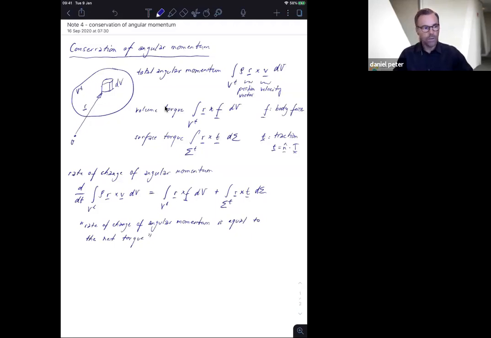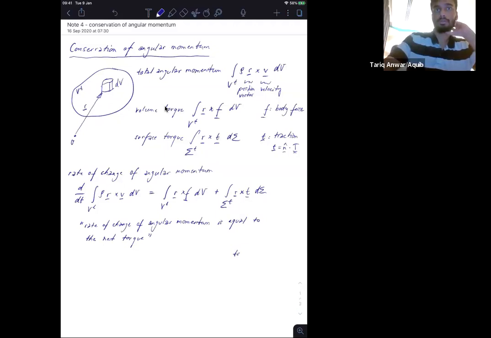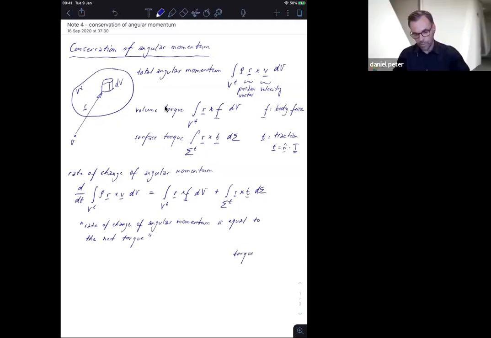Do you know what the units are of torque? Newton meters? Yes. So think of torque as being this cross product r times F, the force.